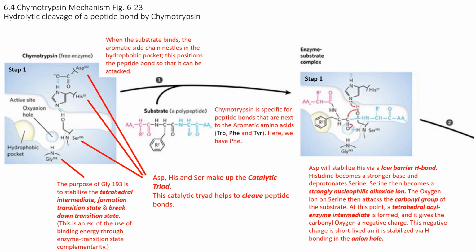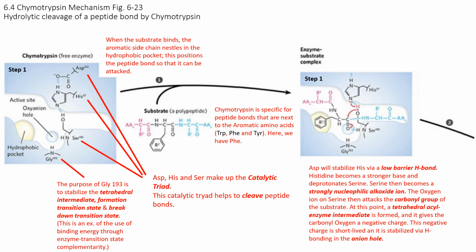Aspartate, histidine, and serine make up the catalytic triad. The catalytic triad helps to cleave peptide bonds. Again, that's serine, histidine, and aspartate. We also have glycine, but glycine serves a purpose later on in the pathway.